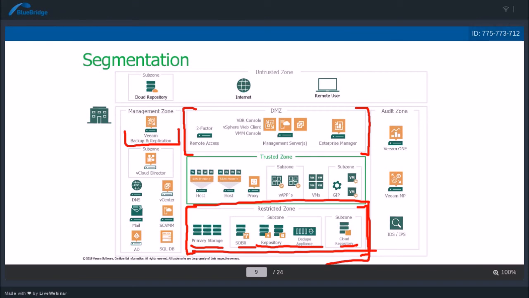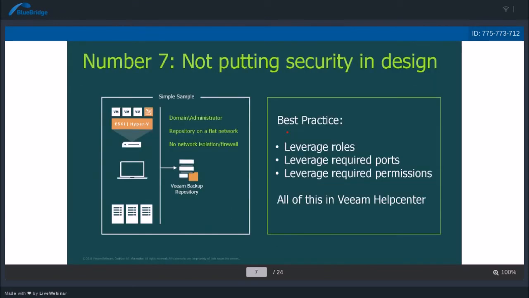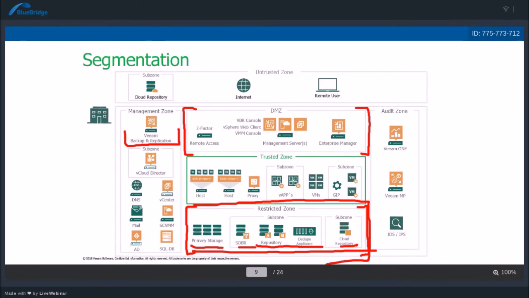There's one more thing on the previous slide, I believe, which I did not mention, two slides ago actually. Installing the Veeam components. If you put everything in a domain, it's very simple. I love putting everything in a domain, but keep in mind, I'm mostly dealing with demo and test environments.